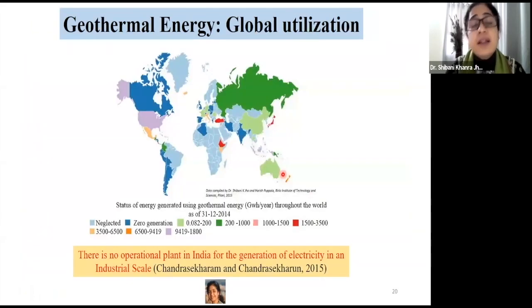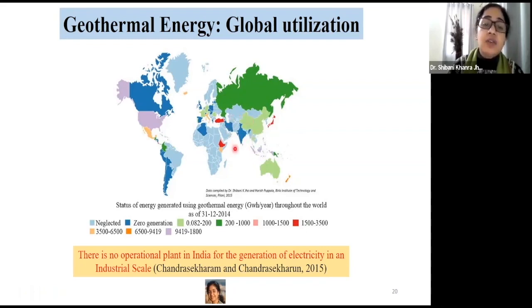Now, looking at that aspect, what we have understood from our study is that geothermal energy is not a charted domain so far in India, so why not consider that domain? So we started looking at the geothermal prospects, and if you look at the global status in terms of global utilization, you can see in the map itself that there is certainly scope in the context of India for geothermal energy to be one of the prospective sources.